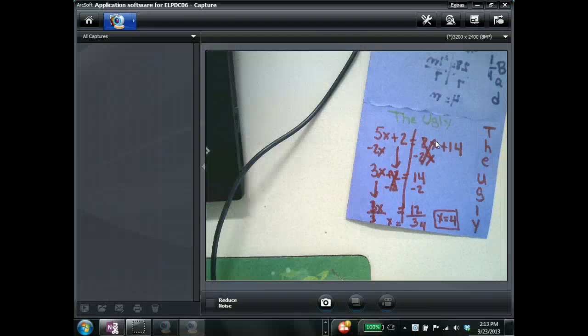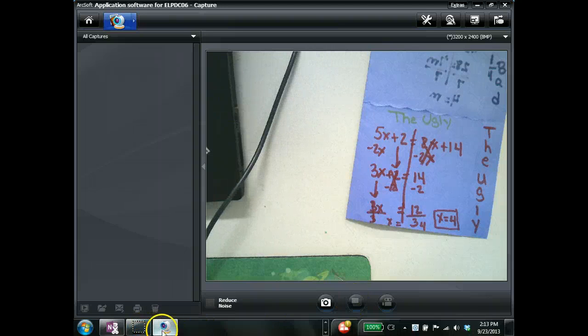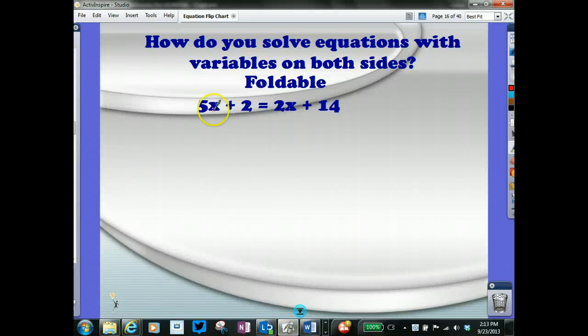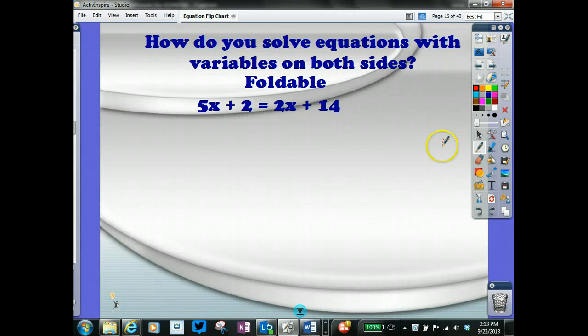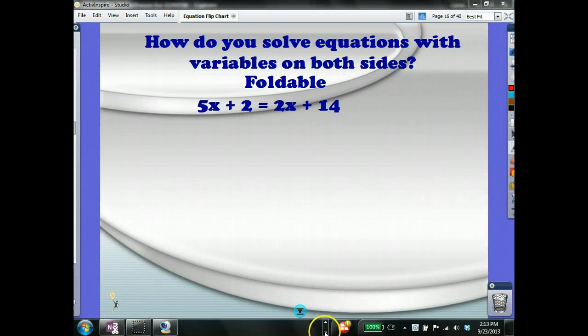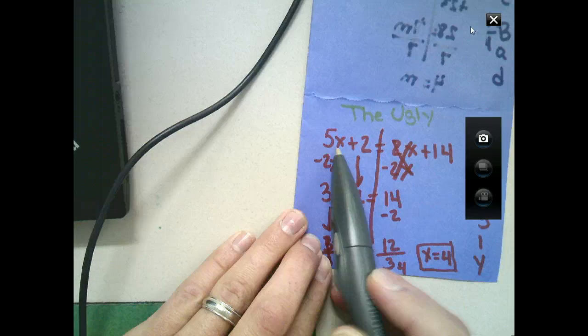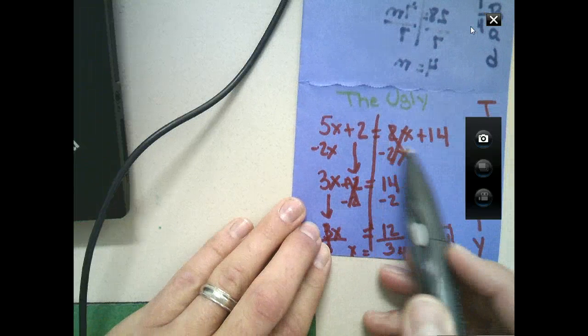And let me do this so you can copy the problem down as we talk through it. 5x plus 2 equals 2x. I'm sorry, it wasn't 8x, it was 2x plus 14. I'm glad I went back. Alright, let's go back over here and let's kind of talk our way through this. I have 5x plus 2 equals 2x plus 14.